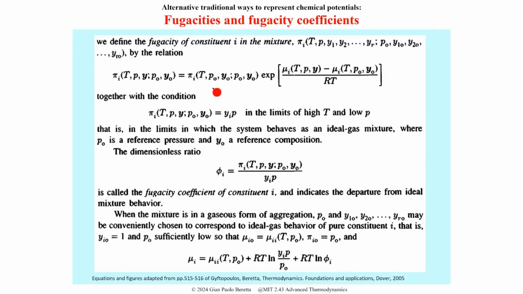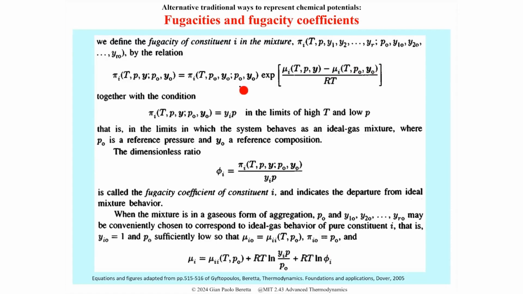Or if you want to start from the chemical potential, you define the fugacity by selecting again a reference condition for your mixture, not necessarily like we do here, the pure substance.